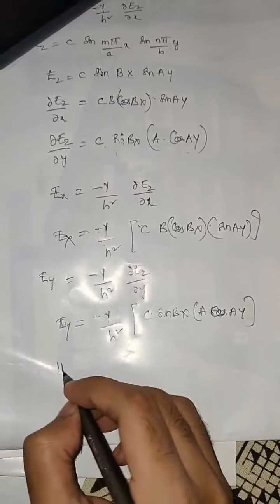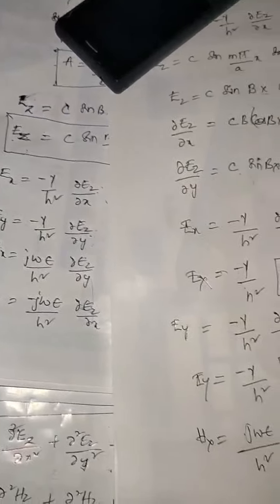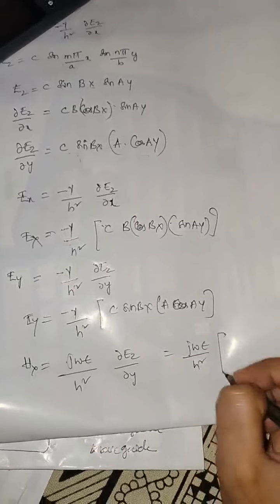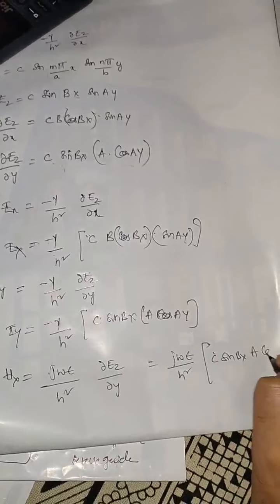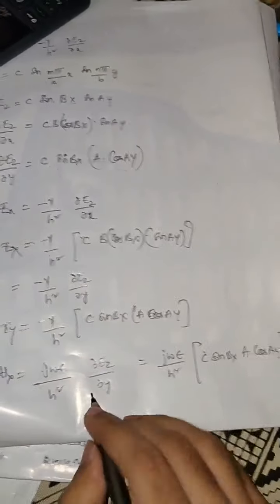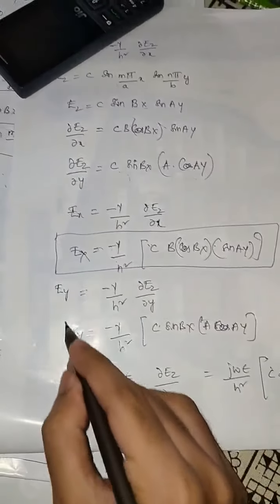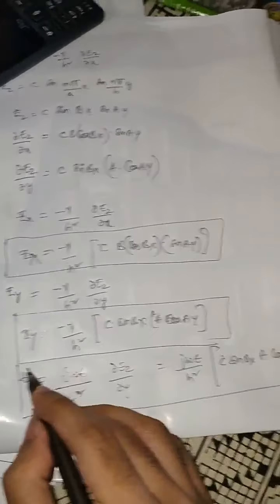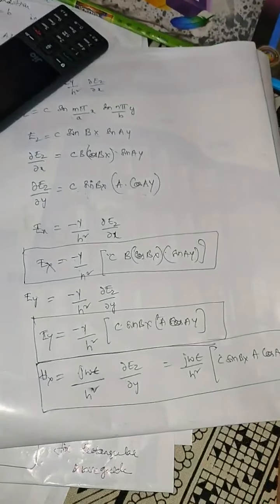Now I want Hx. Hx can be obtained by j omega epsilon by h square del Ez by del y. So substitute the value: j omega epsilon by h square, del Ez by del y, which is nothing but sin bx a cos ay. So this is the value of Hx. So this is the value of Ex, this is the value of Ey, and this is the value of Hx. And we want the Hy value.